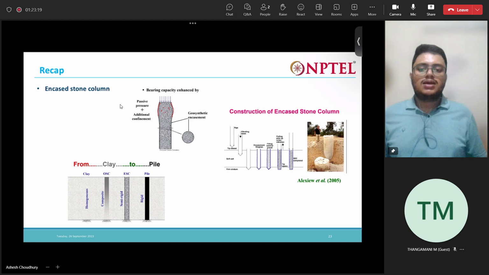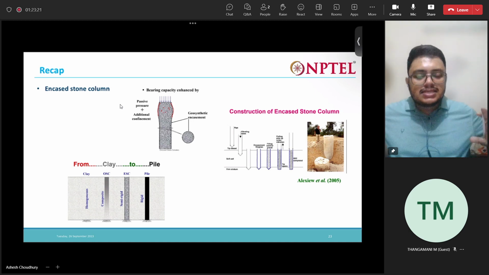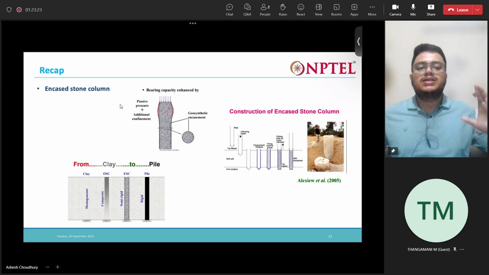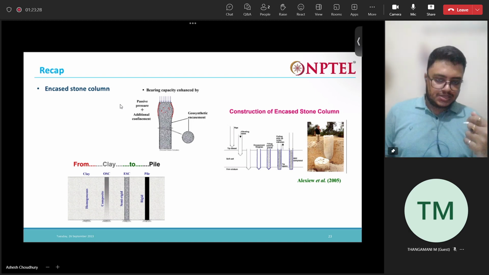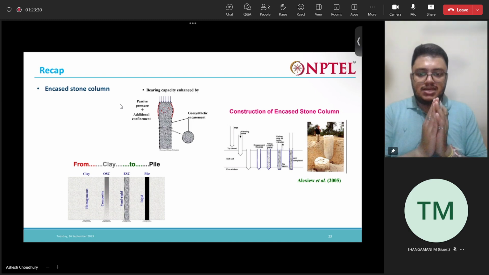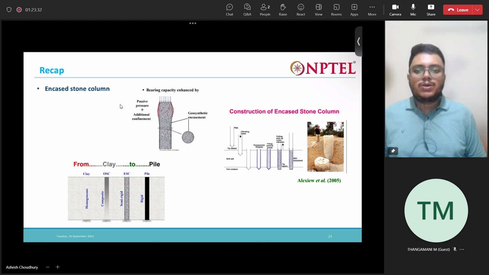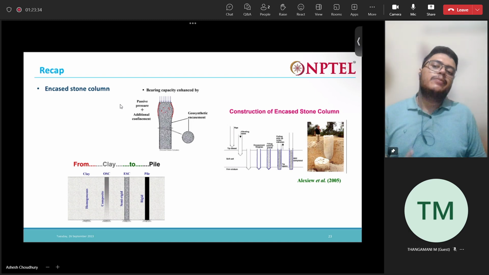Due to this encasement, some external additional confinement pressure is there. We'll see how to calculate that additional confinement pressure. Because of the additional confinement, the capacity of the stone column increases.